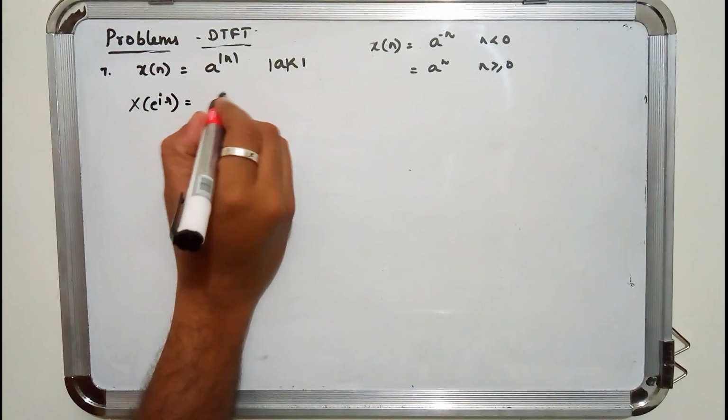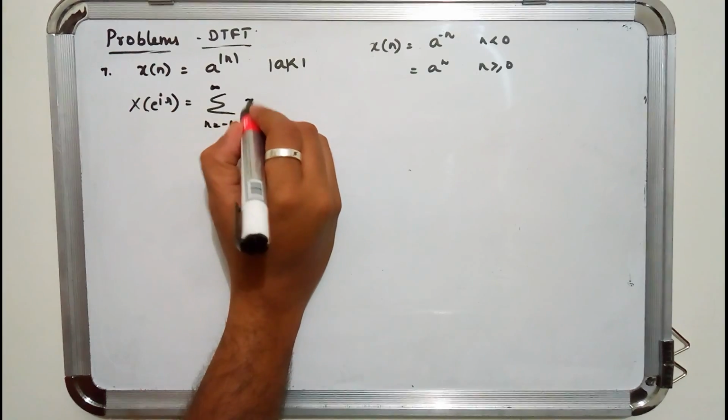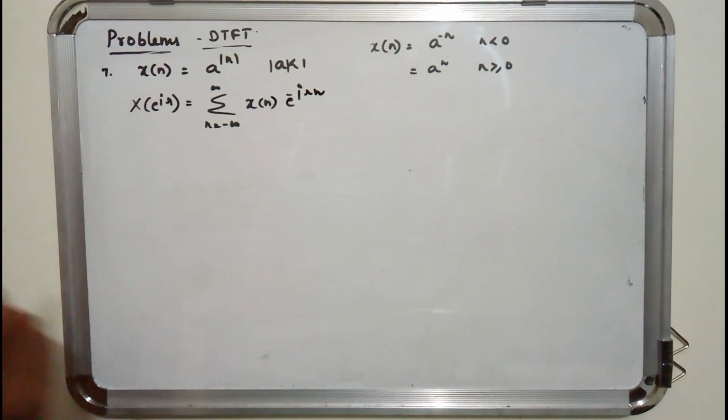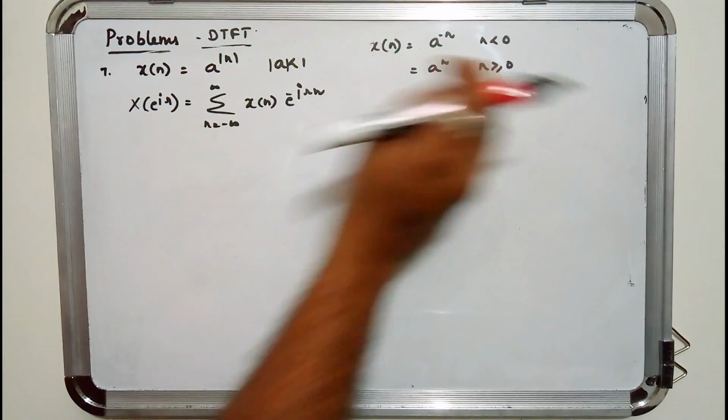X of e power j omega is equal to summation n is equal to minus infinity to infinity x of n e power minus j omega n. Now I need to split this summation for negative values of n as well as positive values of n.